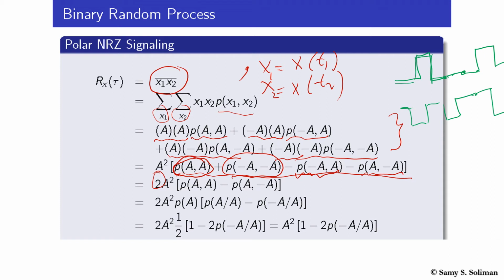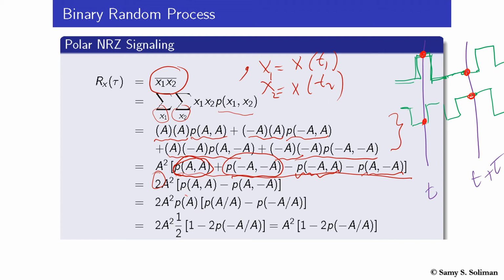And we are taking 2 samples, one at time t and the other at time t plus tau. So the 2 samples for the first sample function can be, in this example, positive A and negative A, while in the second sample function it is negative A and positive A, and each one of them is multiplied by its joint probability.